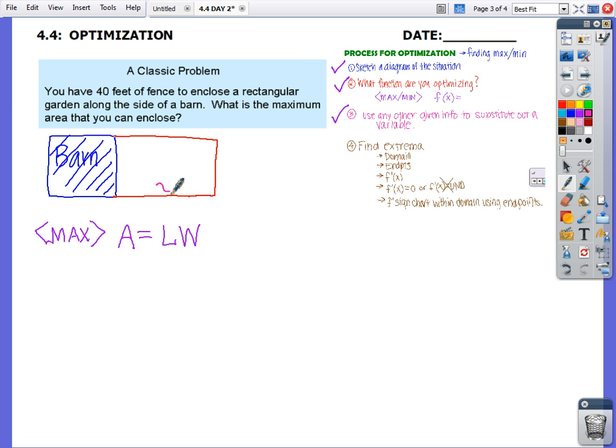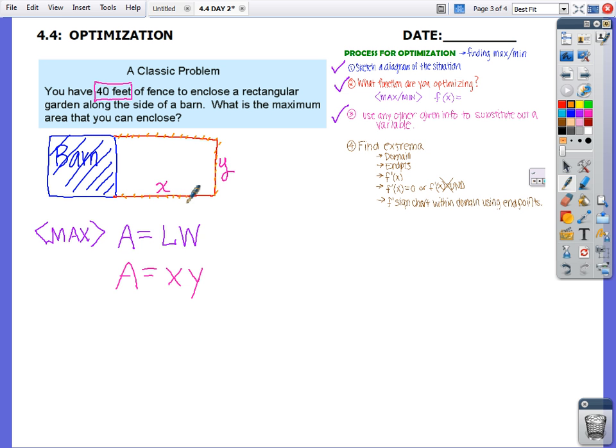I'm going to call the length and width, I guess, x and y. So now I'm going to rewrite this as x and y. Problem is it's still 2 variables. There must be more information given. If you look back up, we ended up with 40 feet of fence. That 40 feet of fence is going to be important. That is going to be what creates this red fence all around.